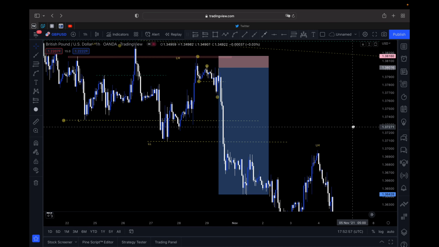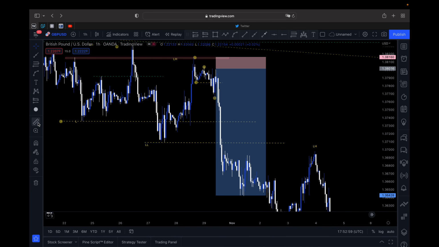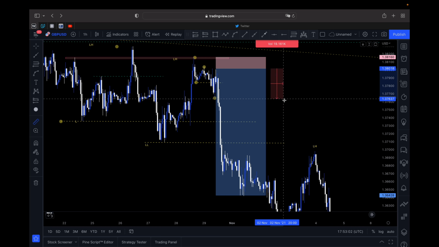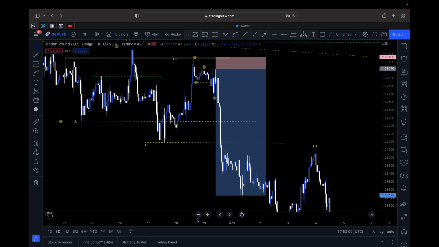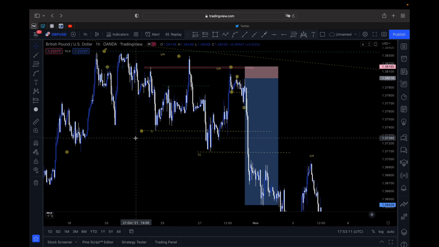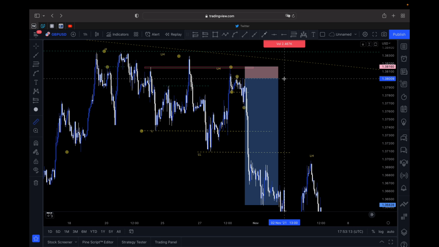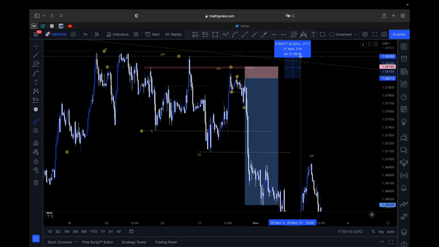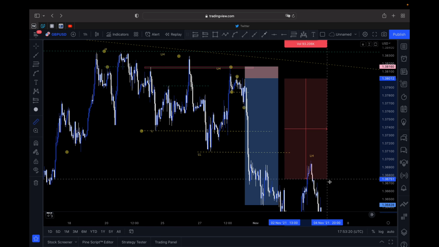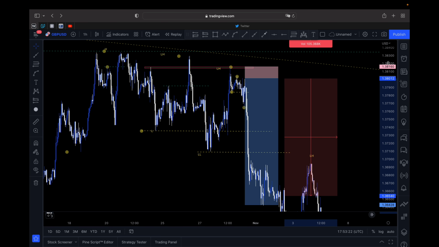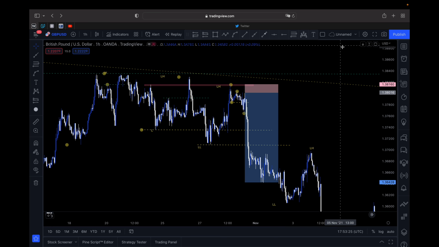How many pips of movement are we looking at here? What is wrong with these guys? I don't know what's wrong with that, but I think I would have to figure that out myself.